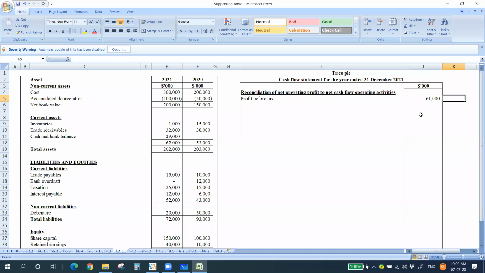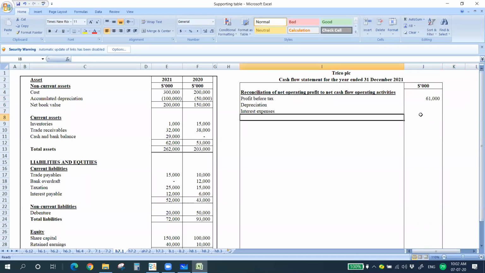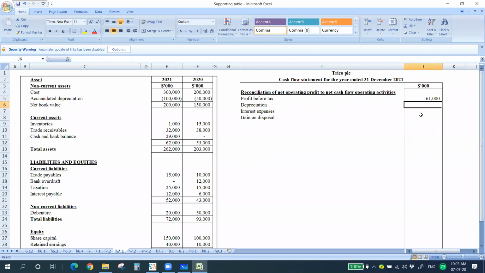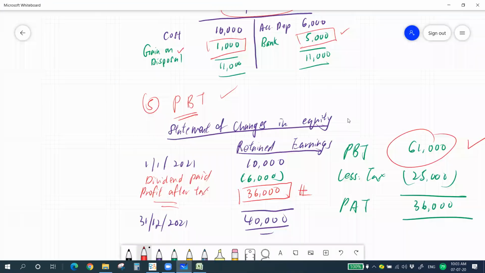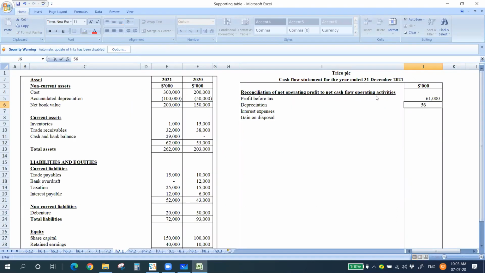Next, we adjust non-cash transaction. We start from the expenses. We have depreciation. We have interest expenses. We have income, right? Gain on disposal. So depreciation we can grab from this account, 56. For expenses, this is a positive amount. Next, interest expenses.